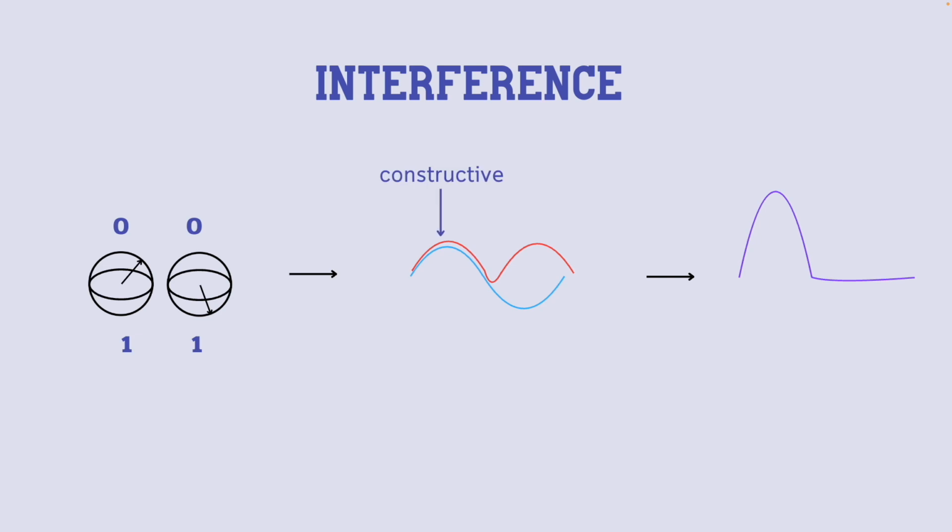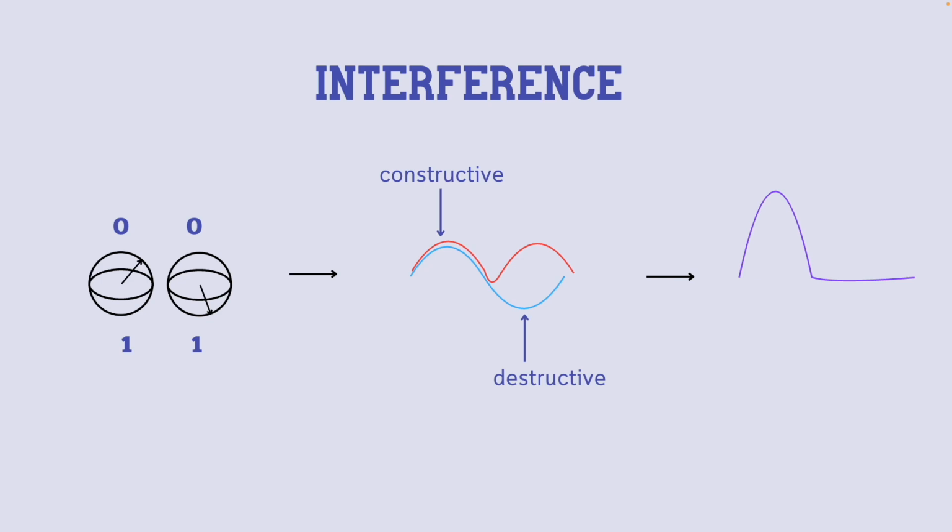Constructive interference occurs when the probability amplitudes of compatible quantum states reinforce each other, leading to an increase in the likelihood of observing those states upon measurement. Conversely, destructive interference arises when the probability amplitudes of incompatible states cancel each other out, reducing the likelihood of observing those states.